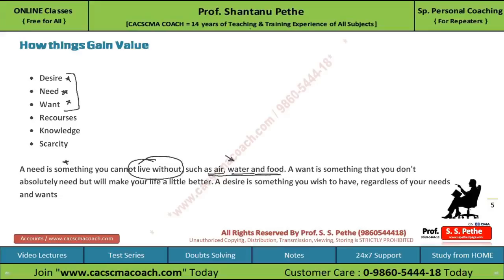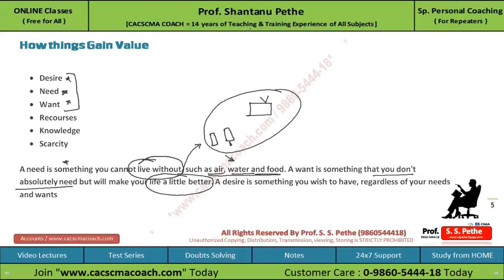Want is something that you don't absolutely need but will make your life a little better. For example, you want a chocolate, or you want ice cream, your life becomes a little better. You want a television. These are the wants of any person and they increase the value of the commodity.